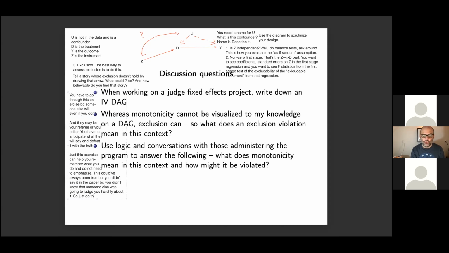So just do this hypothetical confounder thought experiment so that you leave your critic speechless, all right? You're trying to take away his toys, all right? And here's the second one you want to do.